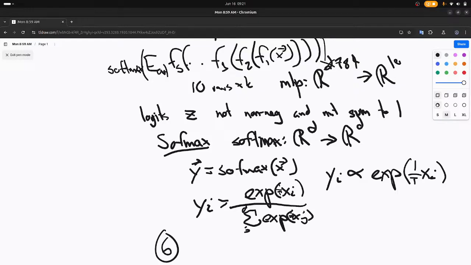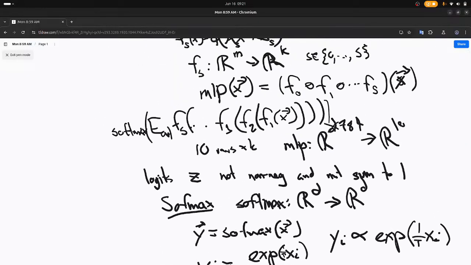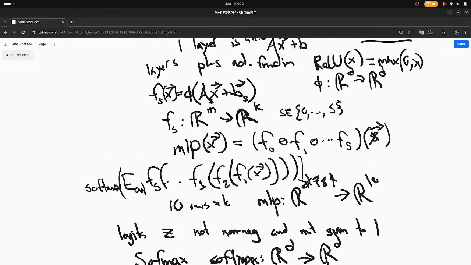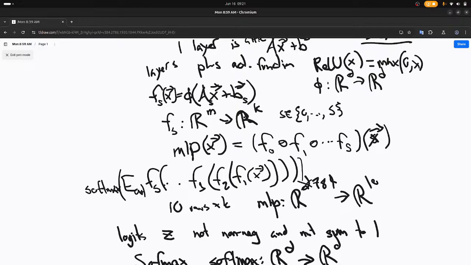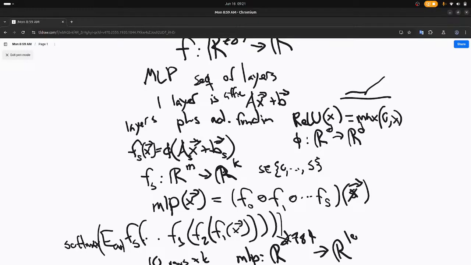we get the gradients. If we do it right and use matrix multiplications and all these things, then this function is differentiable. A matrix addition operation is differentiable.